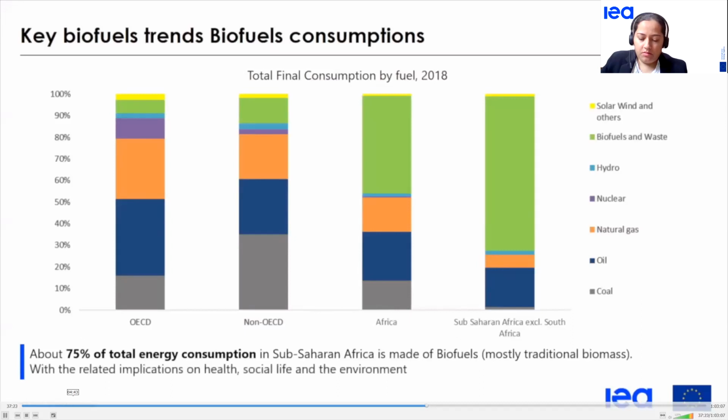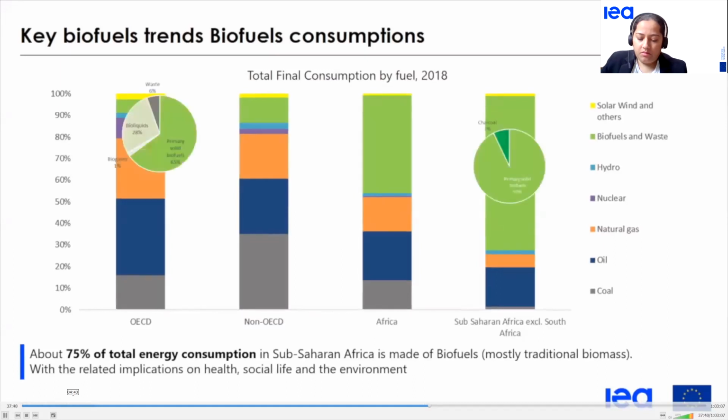This has implications on health, on social life, and also on the environment of those countries because of deforestation and maintenance of the area for the populations. And if we have a look, we can see that on those primary biofuels, a large part, 93%, is made of primary solid biofuel, and a lesser part, around 7%, of charcoal.